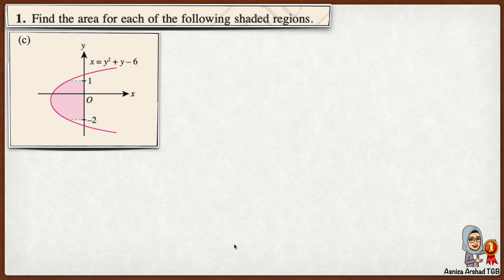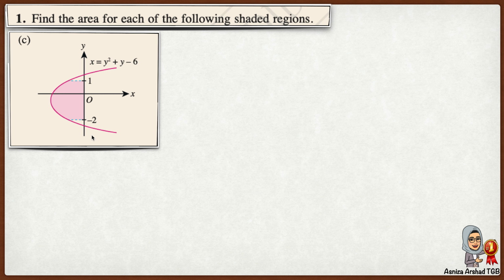Okay, now we need to find the area of the shaded region. Now the shaded region is between the curve and the y-axis. The curve is x equal to y squared plus y minus 6 and the y-axis.